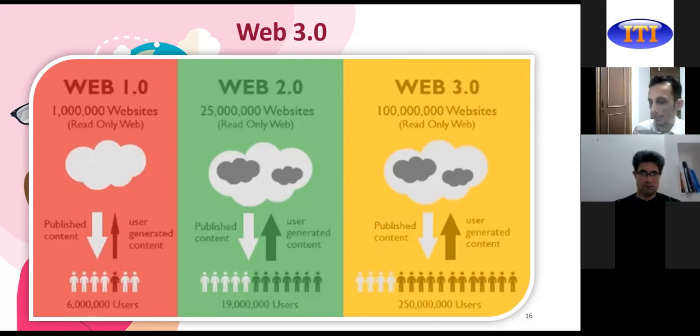And if you just take a look at Web 1.0, there were just 6 million users. Then it increased and we had 19 million users. And now we have 250 million users. And as you see, there's this interaction. We have the published content, and then we have the user-generated content. It means we have some content which is published, and then the users themselves add and curate and generate content.